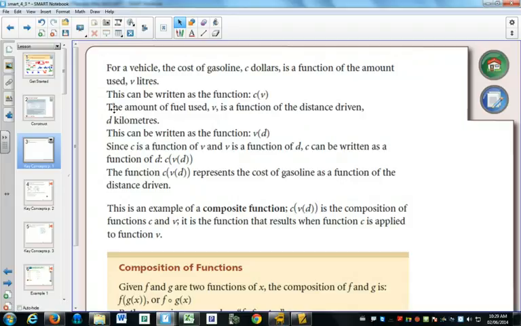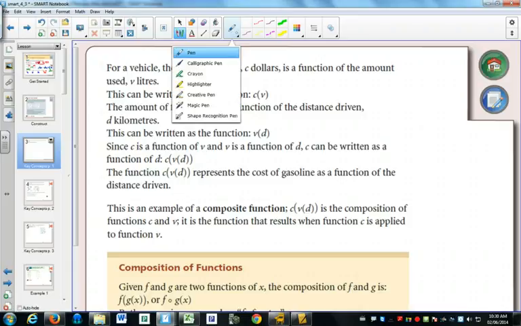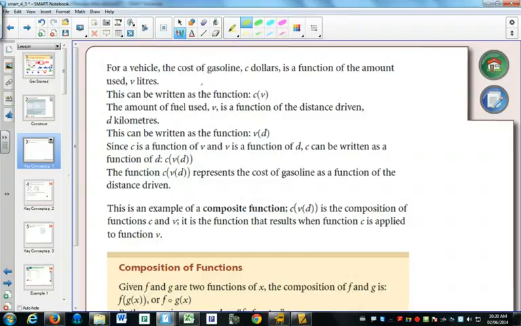The cost of gasoline here is a function of how much you use, right? The more liters your car uses, the more it's going to cost for gasoline. So cost is a function of the volume that you use. So we've got a function C of V.